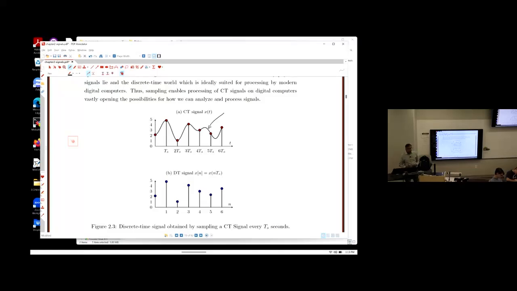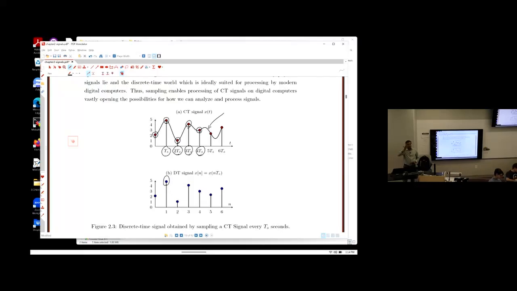Now, what we may do is we may just choose to keep the value of the signal only at certain time instances. In this case, what I'm saying is, I'm going to look at the signal and see its value at time t sub s. I'm going to note down its value, and that's the value. And then I'm going to look at the value of the signal at time 2 times t sub s, 3 times t sub s, 4 times t sub s, so on and so forth, right?